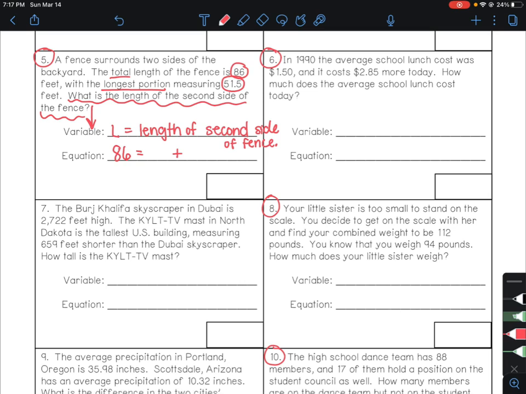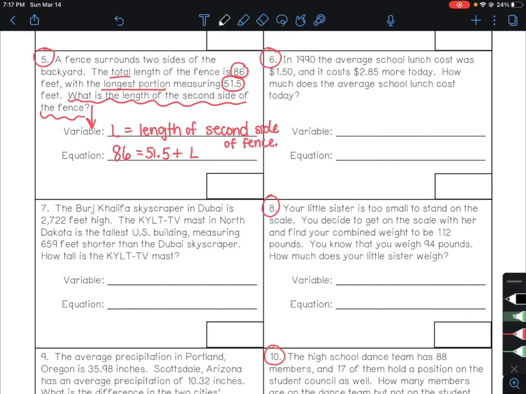Well, we have the longest portion of the fence, and we know that that's 51.5 feet. The second side of the fence, we don't know it, but we called it L. So there's our equation. If we add the 2 sides of the fence, one we know and one we don't know, we get 86, the total.